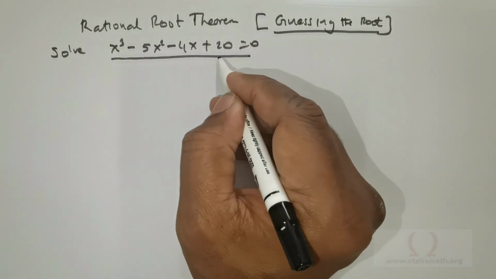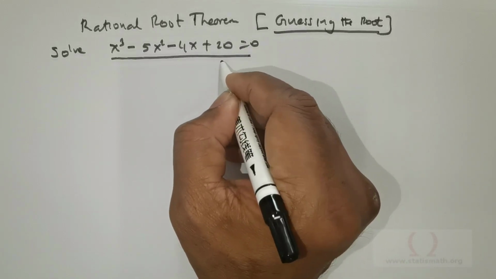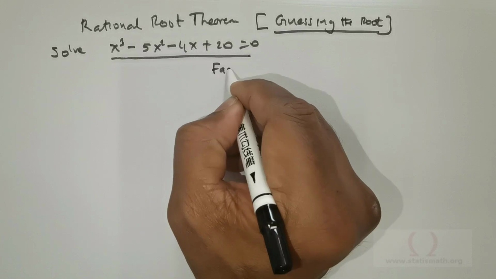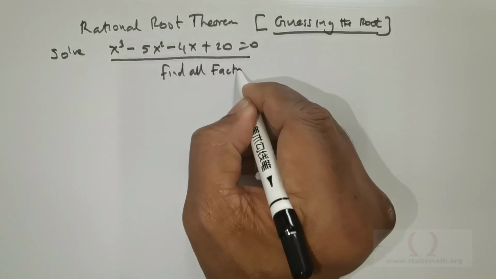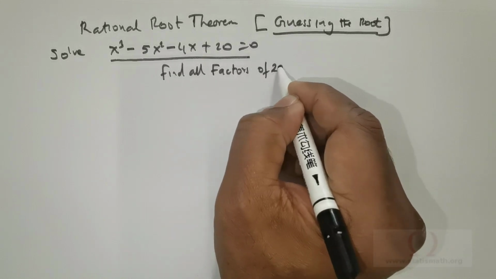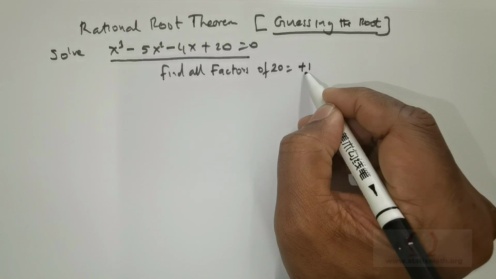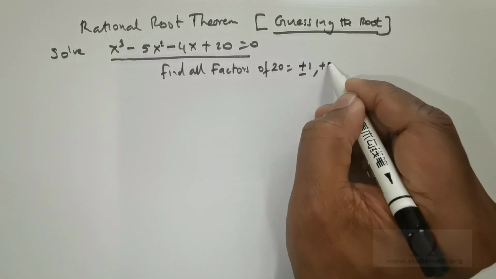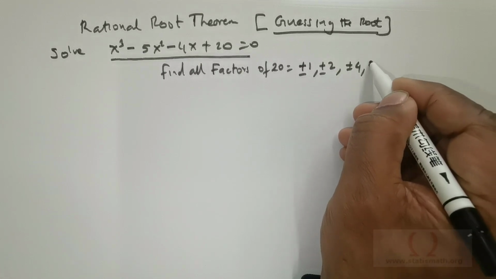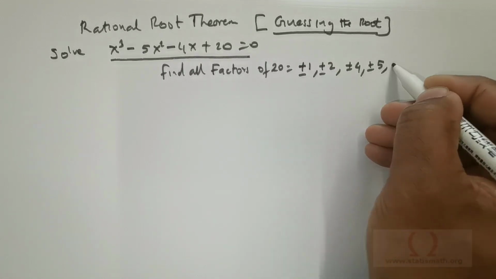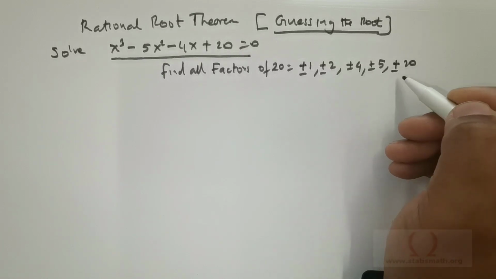So how do we guess the roots? Foremost, you have to consider the constant and find all factors of this constant. So that would be plus 1 to start off with, minus 1, plus 2, minus 2, plus 4, minus 4, plus 5, minus 5, and of course plus 20, minus 20.